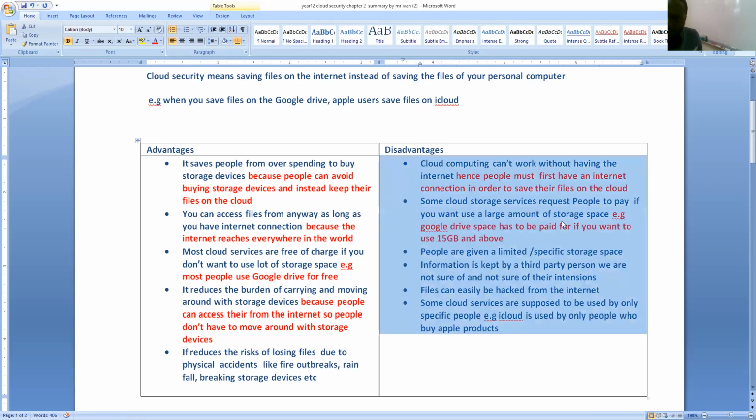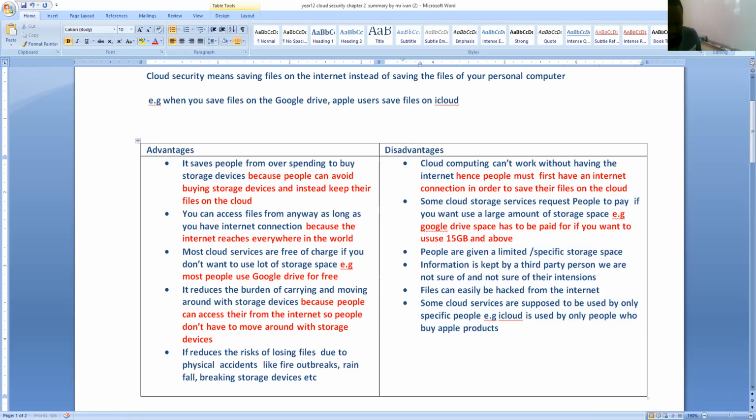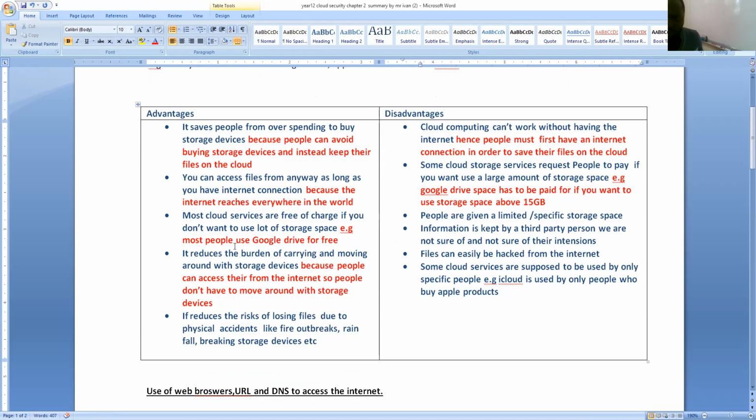If you want to use storage space above 15 GB, they only limit you to 15 GB. If you want more, you have to pay. You understand? Yeah. Good.